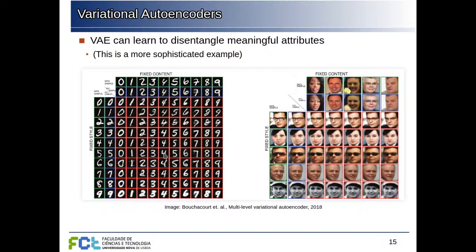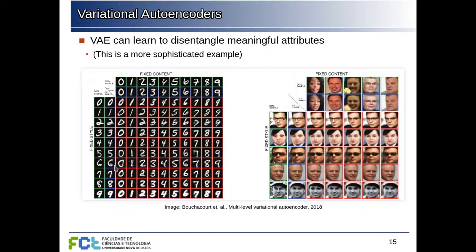For example, in this case, with the MNIST dataset, the authors created this multi-level variational autoencoder that encodes the examples into two distributions, one of which controls the content, so the kind of number that we are creating, this one on top here, so it can be used to choose if we want 0, 1, 2, and so on.